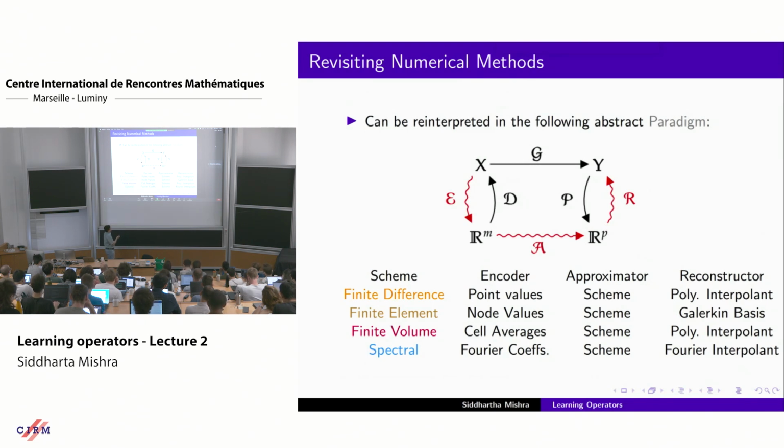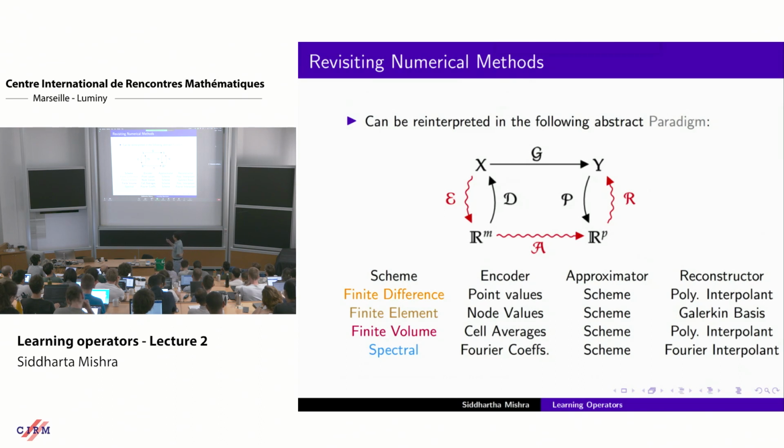For finite elements, you have the usual Galerkin type interpolation. For spectral methods, you have Fourier interpolation and so on. So essentially, you can reinterpret any numerical method as: take something infinite dimensional, get something finite dimensional out of it, process the finite dimensional object, and use some basis in order to go back to infinite dimensions. So this is one way of thinking about practically any numerical method.